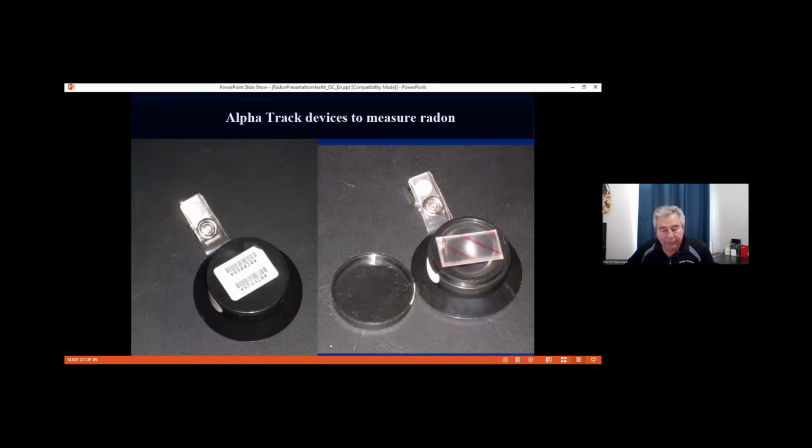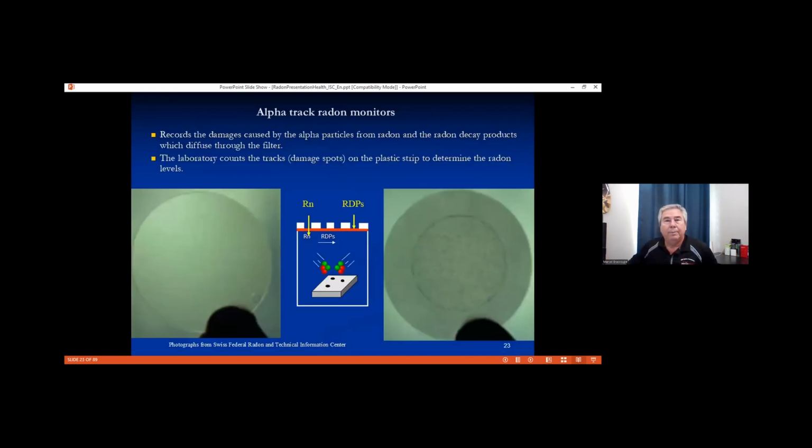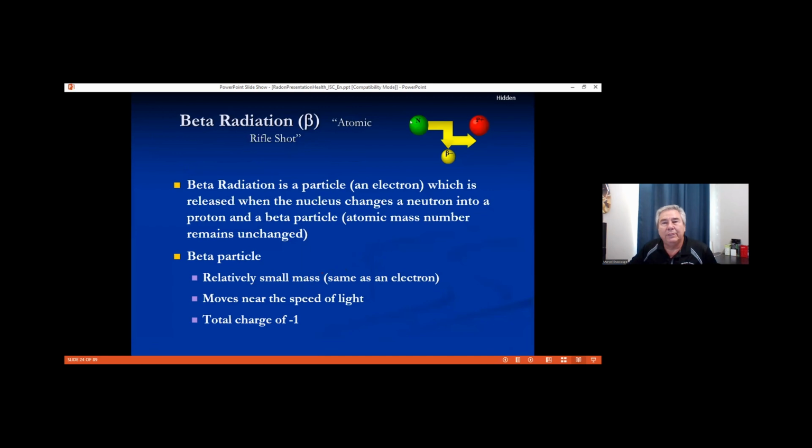So we have here what we call an alpha track radon measuring device. I'm going to stop the presentation here and I'm going to show you what's inside one of these. Essentially what we have seen on the screen previously is this little device here. We call that an alpha track radon measuring device.